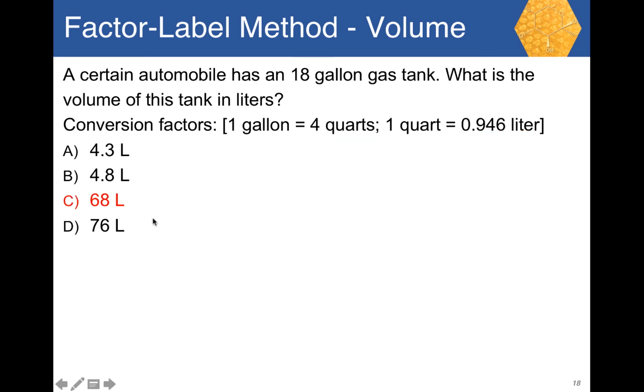So what I have here as the most reasonable answer is 68 liters. And that's reasonable, because we know that a liter is a lot more than a gallon. So it's reasonable to have 68 as the answer.